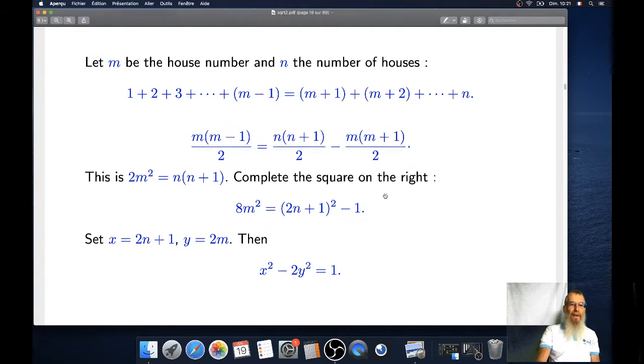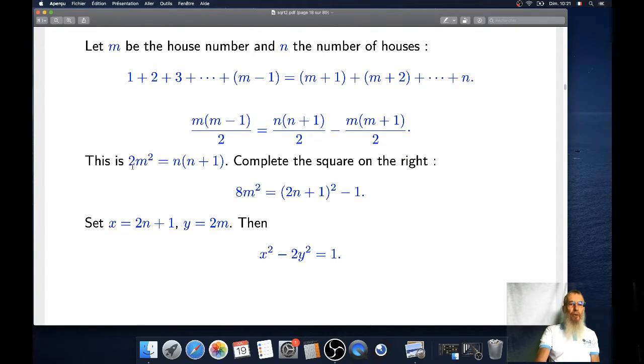If you simplify this, you get the equation 2m squared equals n times n plus 1. n times n plus 1 we can write as 1/4 of 2n plus 1 squared minus 1. So we multiply by 4, we have 8m squared, and on the right hand side we have 2n plus 1 squared minus 1.